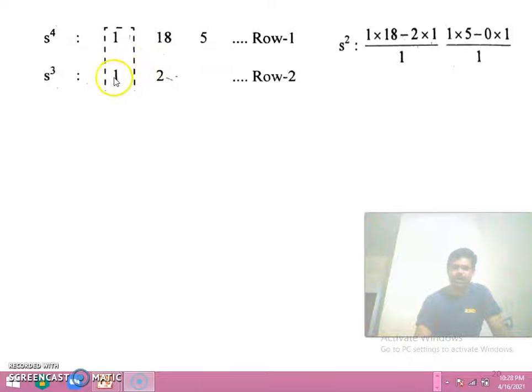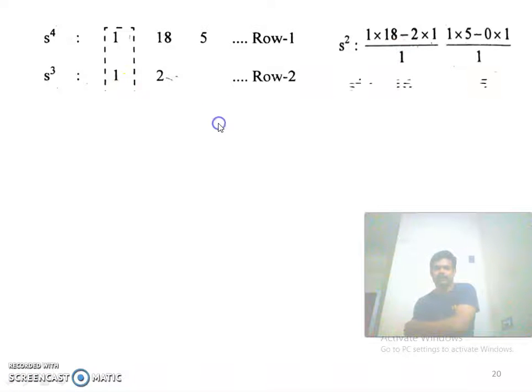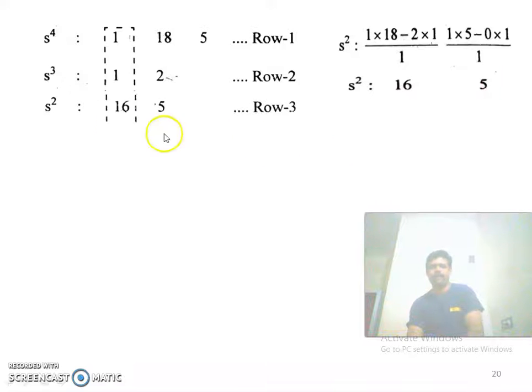Next one, 1 into 5 minus 0 into 1 divided by 1. So 1 into 18 is 18, 18 minus 2 is 16. 1 into 5 is 5, 0 into 1 is 0. So the third row is 16 and 5.